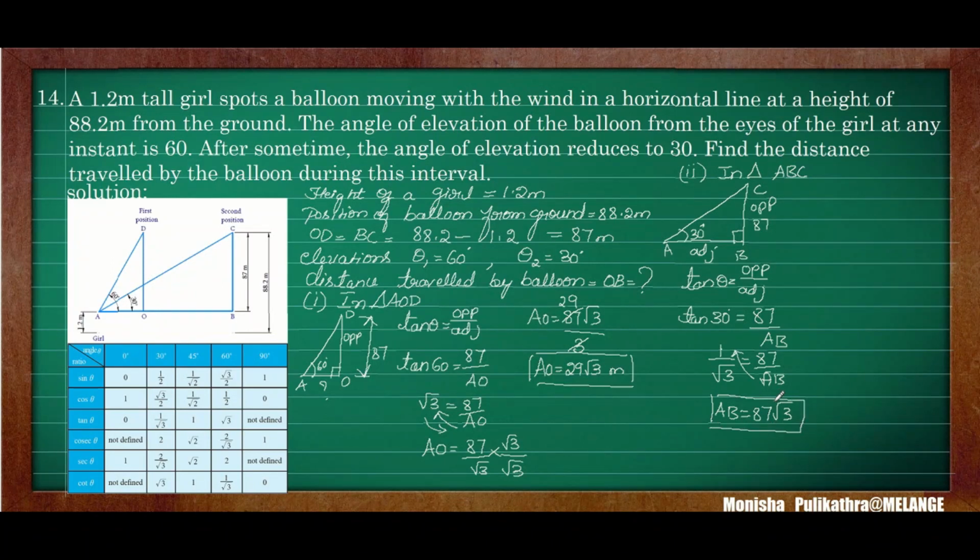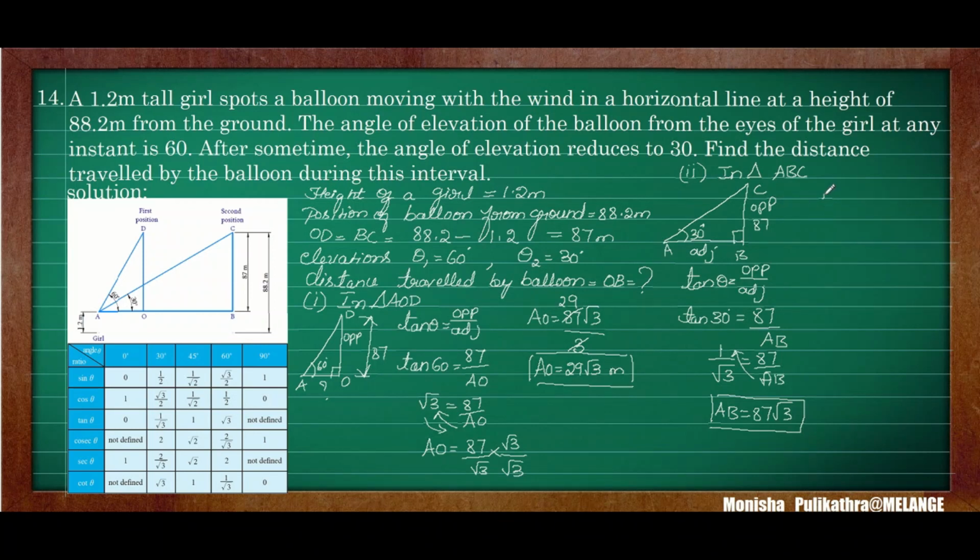But what we have to find out is the value for OB. So we know that if we subtract this OA from AB, we will get the value of this OB. If we subtract this AO part from the whole AB, then this part will be obtained.